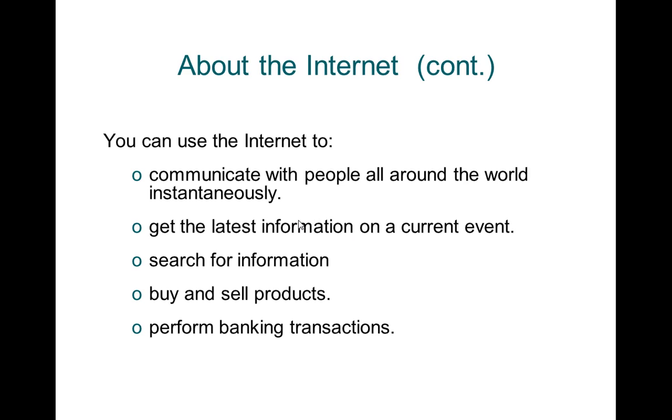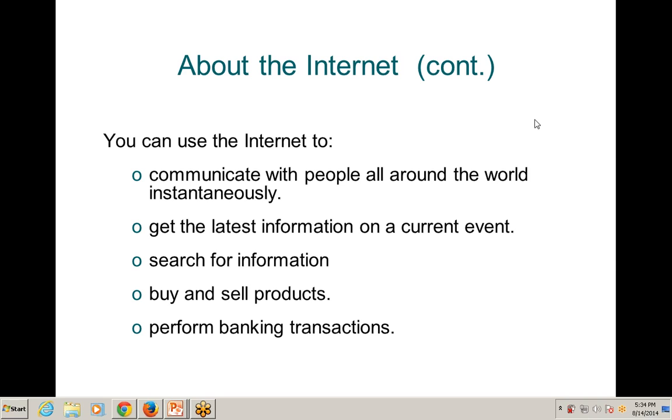We can get the latest information with the help of Google, that is, the internet. Then we can also use the internet for searching information. We are able to search any type of information with the help of the internet.